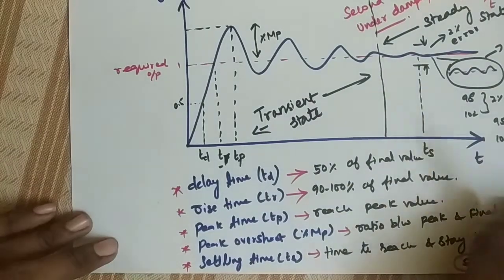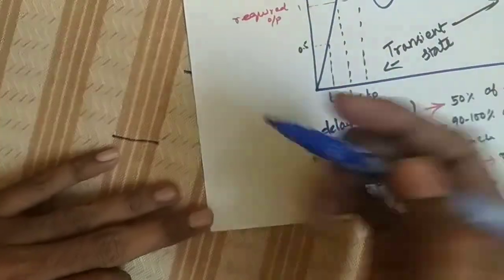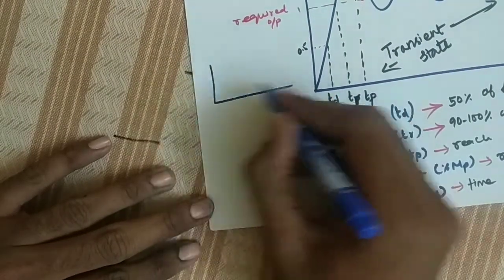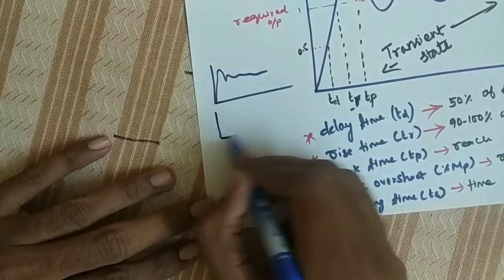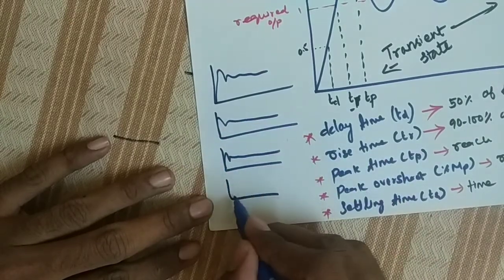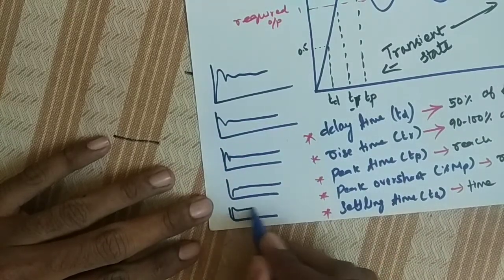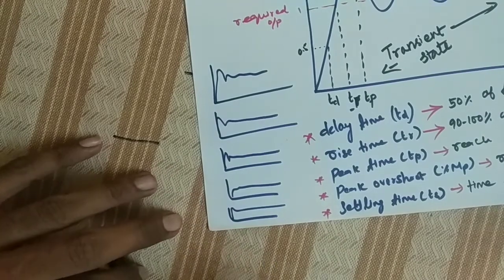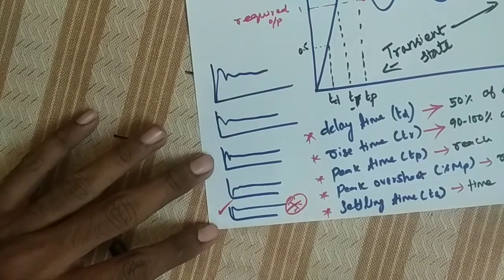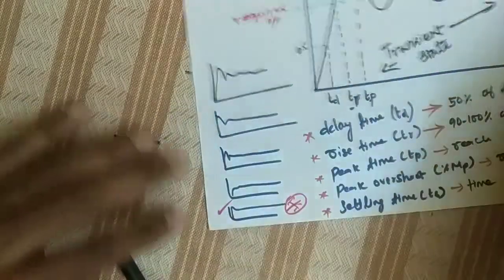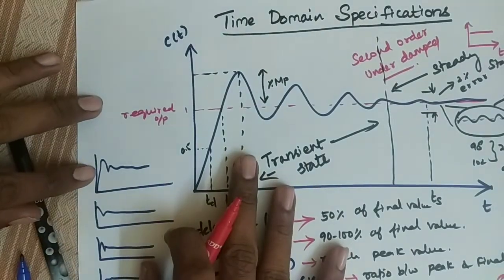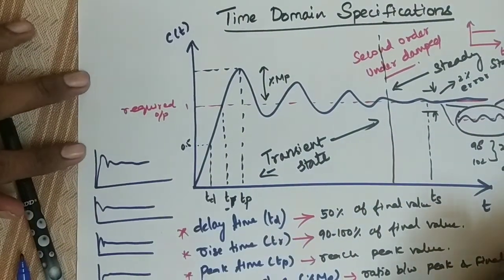You may design like this or like this. I think this is good performance. That is the main objective of studying time domain specifications.